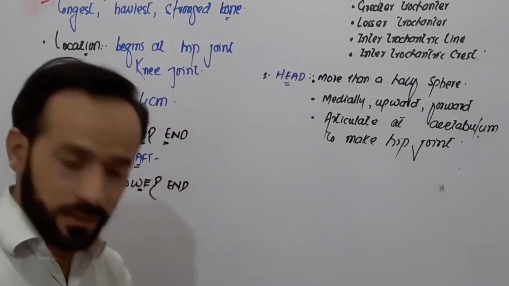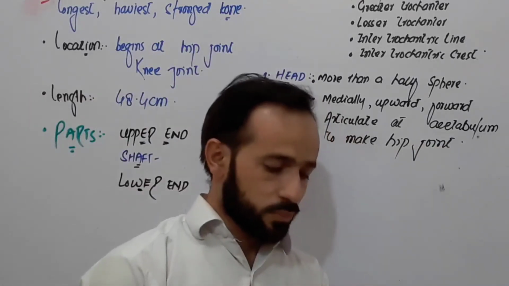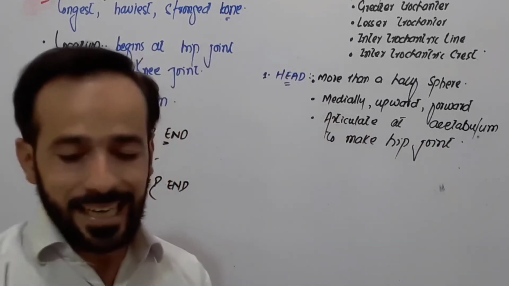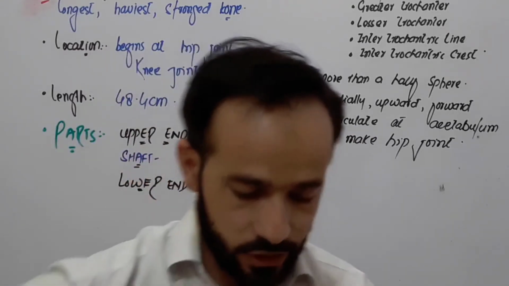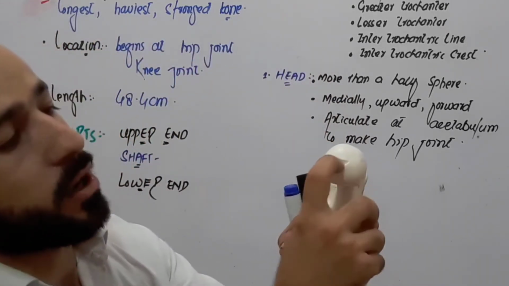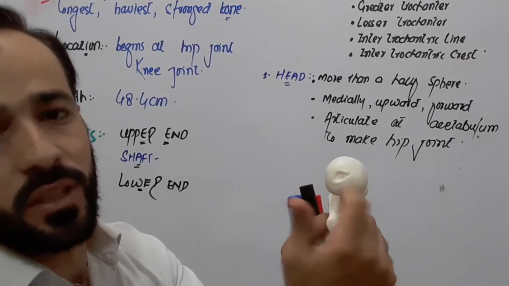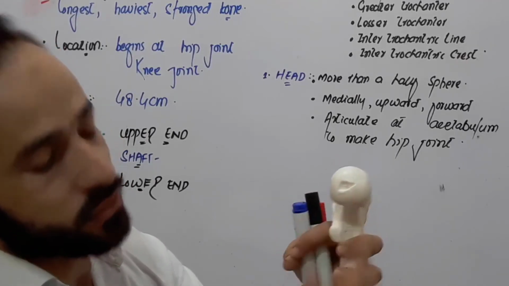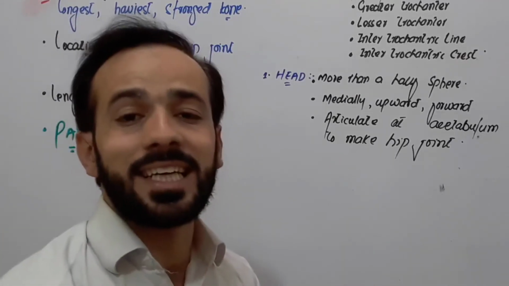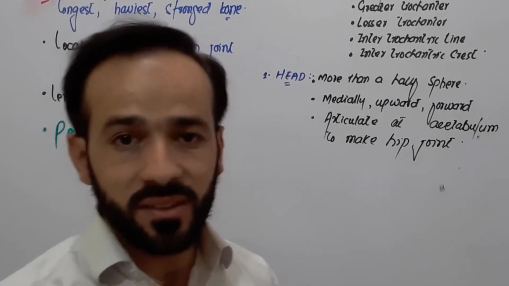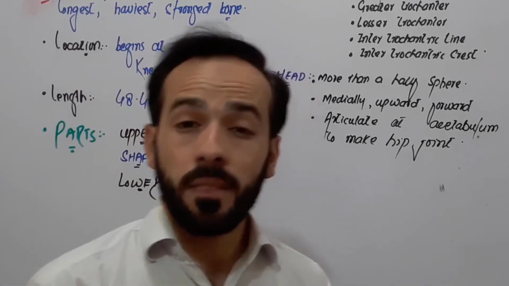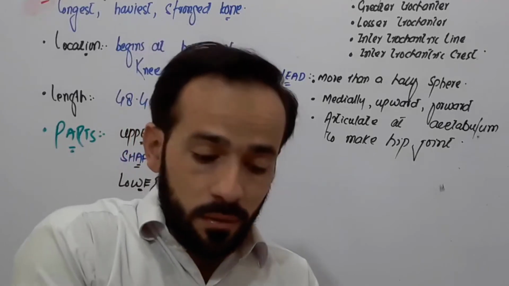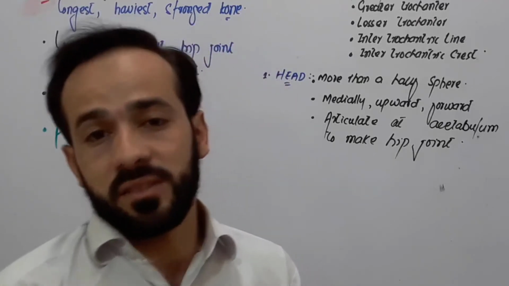Done, right friends? And the next important point about it, that it has a rough pit in it. It has a very small depression in it, which is medially. So this rough pit is called the fovea, to which the ligamentum femoris is attached, and it holds the femur to the acetabulum, right?